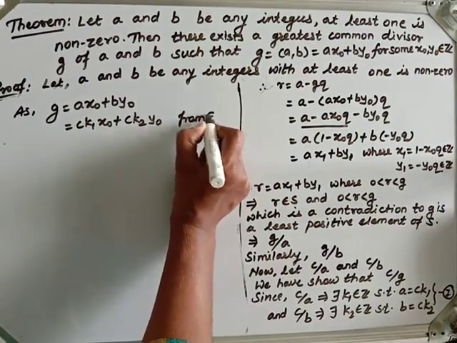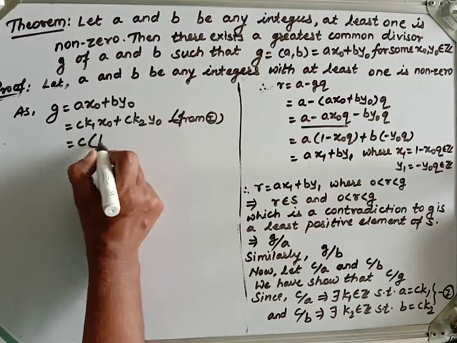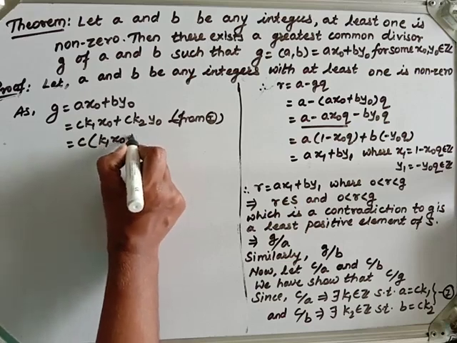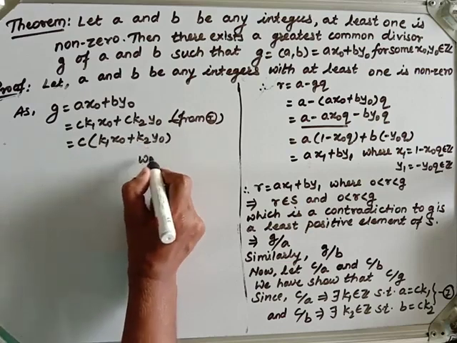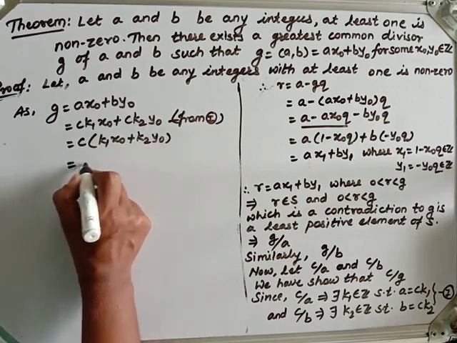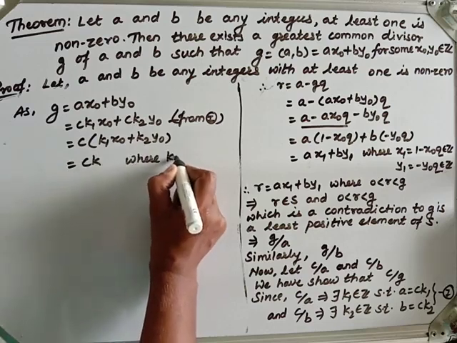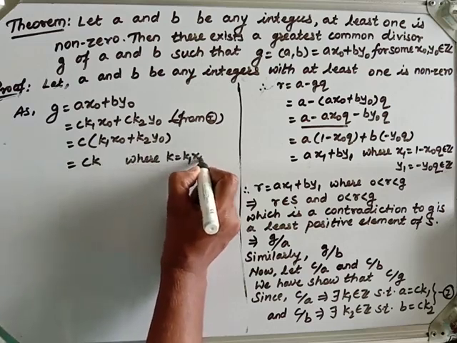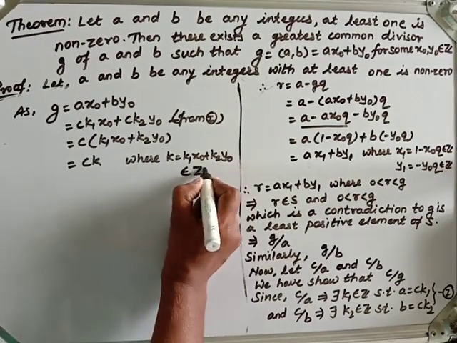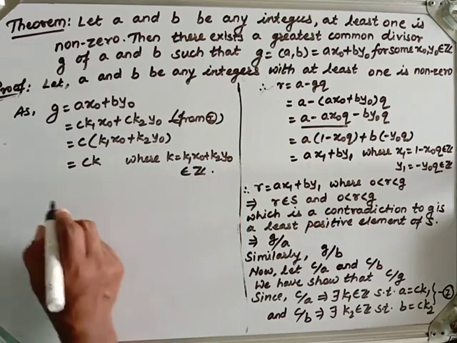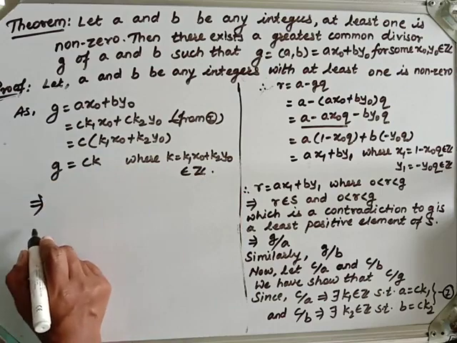Now this is the same as C into (k1 x0 plus k2 y0). Let me name it as C into K, where K is equal to k1 x0 plus k2 y0, and it belongs to the set of integers, clearly. So what do we get here? G is equal to C times K.